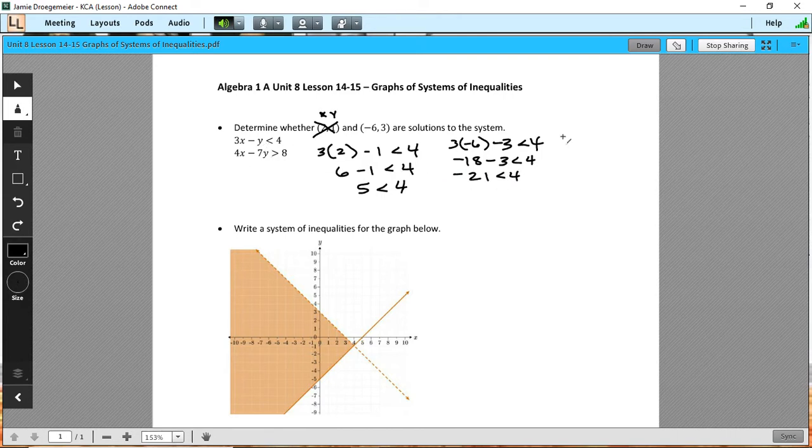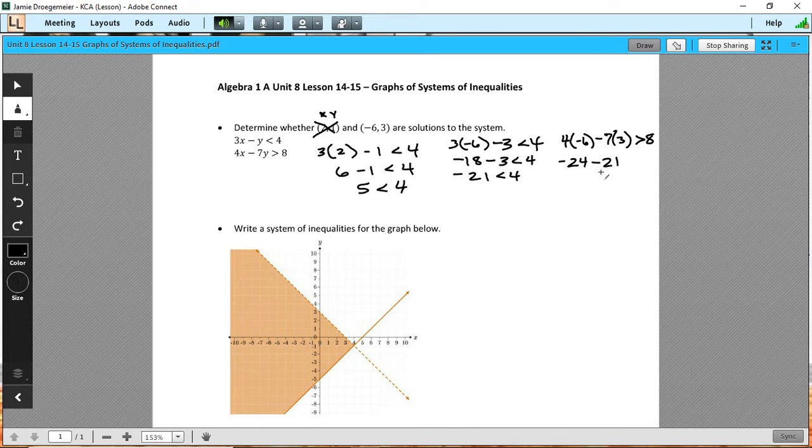Let's see if it makes the second one true. Plug in negative 6 for x, and we're plugging in 3 for y. So we have 4 times negative 6 is negative 24. We have negative 7 times 3 is negative 21.